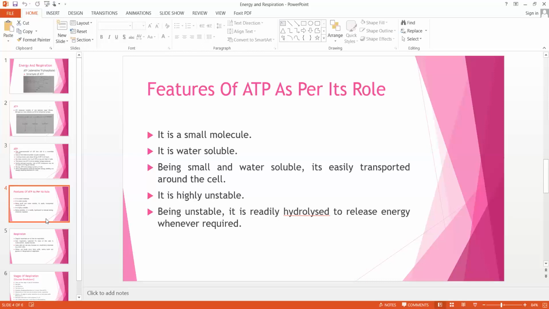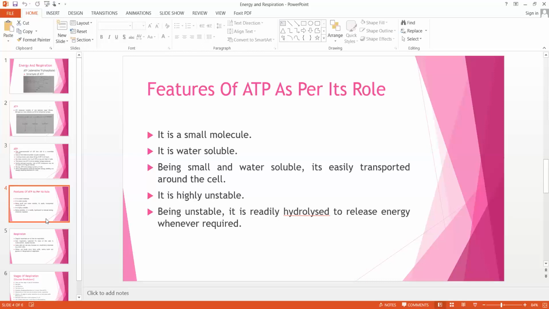When we talk about energy storage molecules, they can be glycogen and starch. They are the actual energy storage molecules. Even glucose can be an energy storage molecule, but that is a short term energy storage molecule as compared to starch and glycogen, which are the long term energy storage molecules.